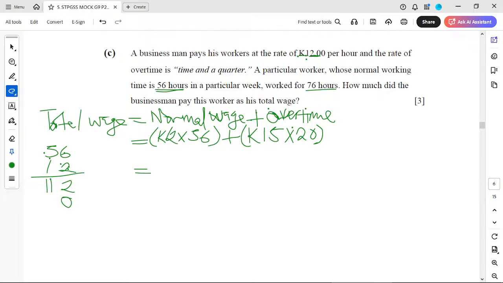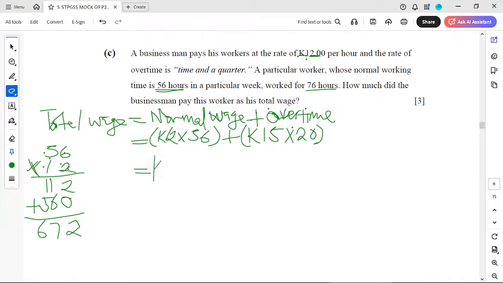Then we put 0 here. Then we multiply 1 by 6 will give us 6. 1 by 5 will give us 5. Then we add: 2 plus 0 gives 2, 1 plus 6 gives 7, 1 plus 5 gives 6.